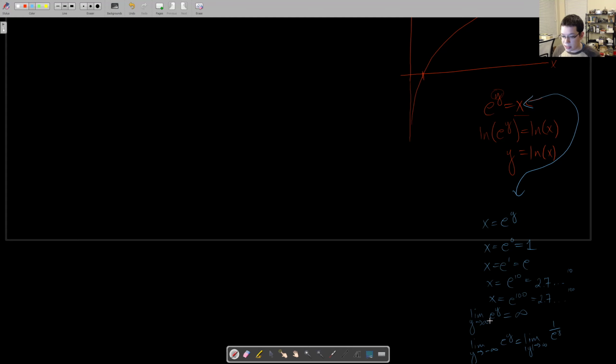And we've already said this goes to infinity, and so we'll plug that in there, and so that's going to be equal to 1 over infinity, which is 0. All right, so the further and further we go negative with y, the closer we go to 0.